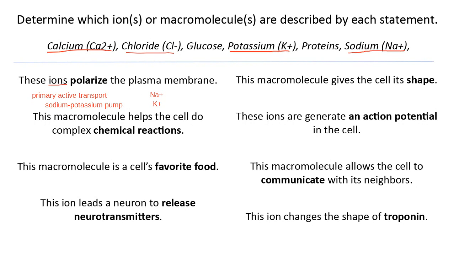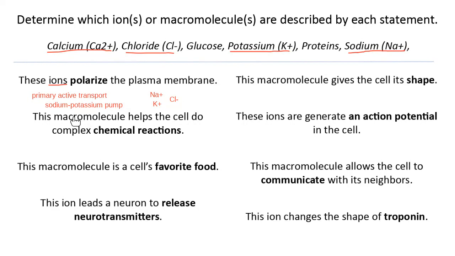We could also toss on there, just for our remembrance, especially because we're doing that salty banana, the other one that helps out with this is chloride as well. So sodium, potassium, and chloride, these are the main ions, but especially these two, that help us to polarize the membrane, make it different inside compared to outside.